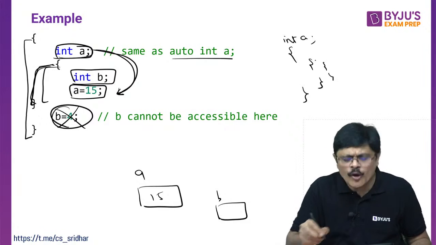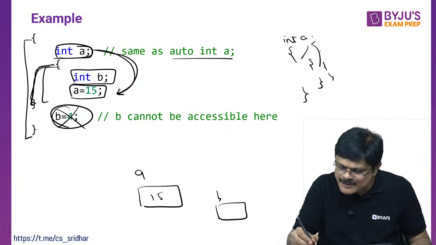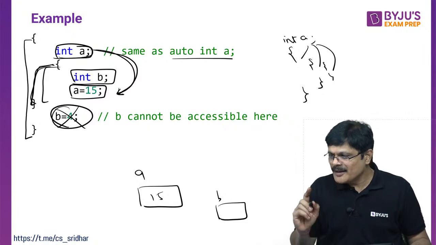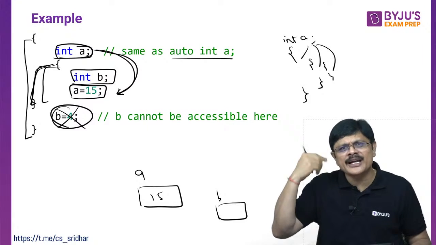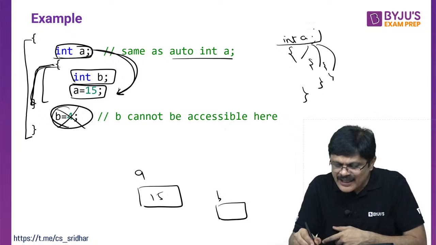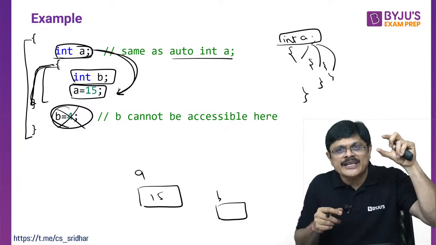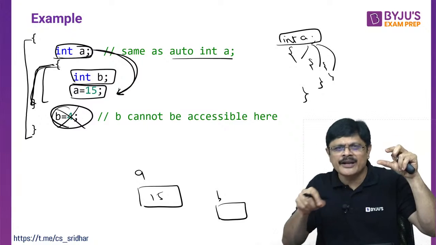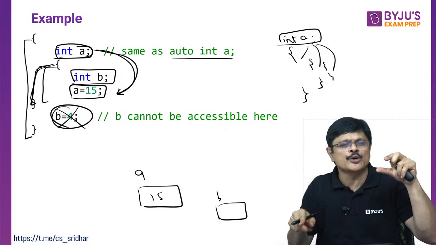Suppose you have one more block, A can be accessed in this block also. Suppose if B is declared as global, then you can use it, sir. Whatever is outside of the blocks is available throughout all the blocks, whatever nested level you take.